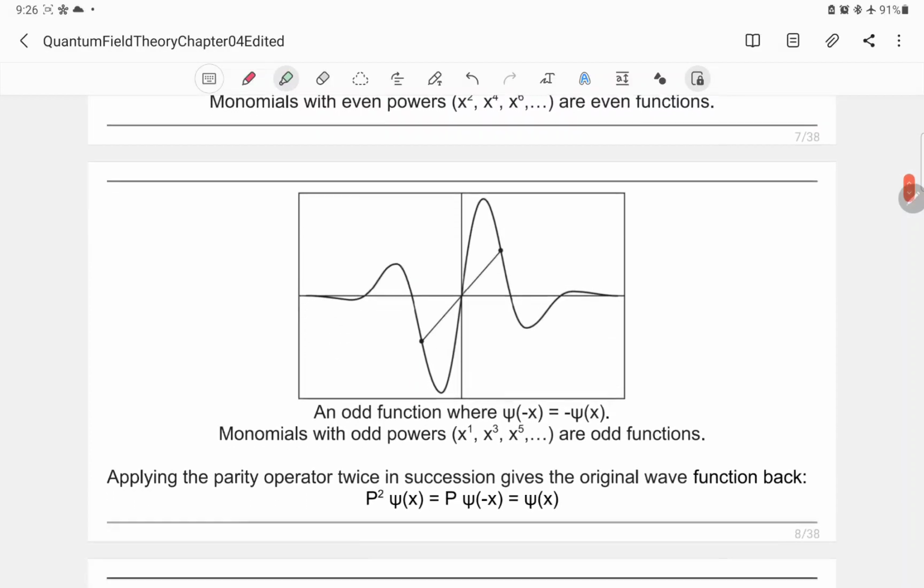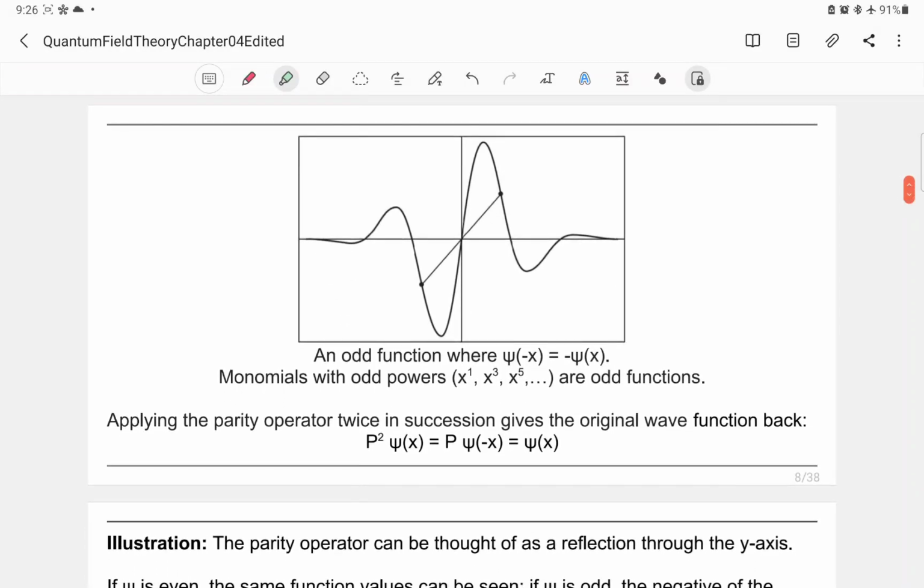And for an odd function, this is the behavior: these are monomials with odd powers, for example x to the first power, x cubed, x to the fifth, and so on. If you flip this figure here, the wave function will not coincide with itself.